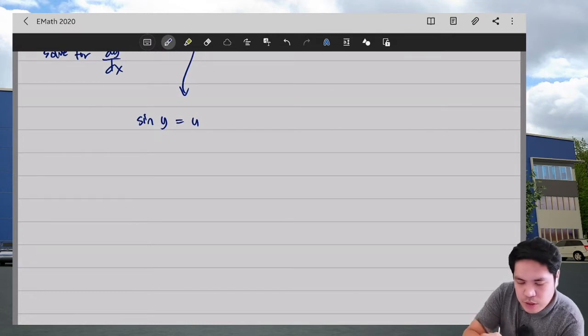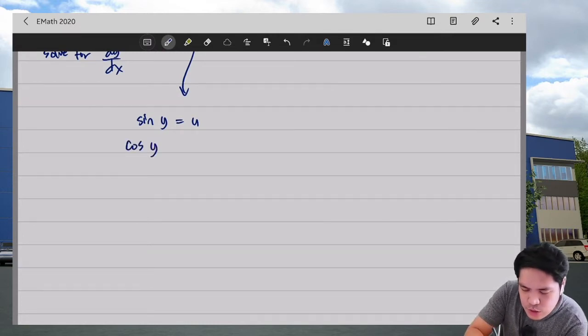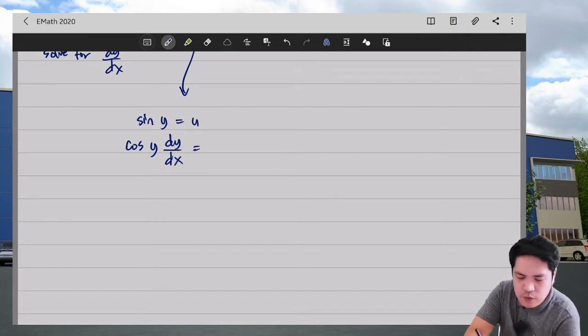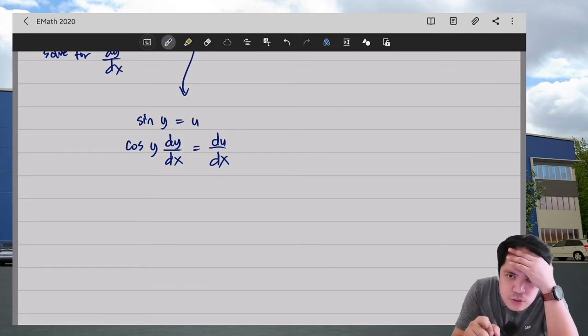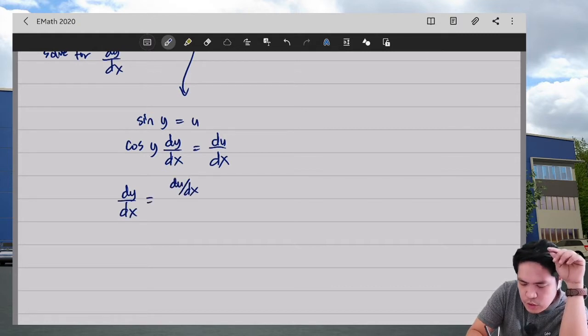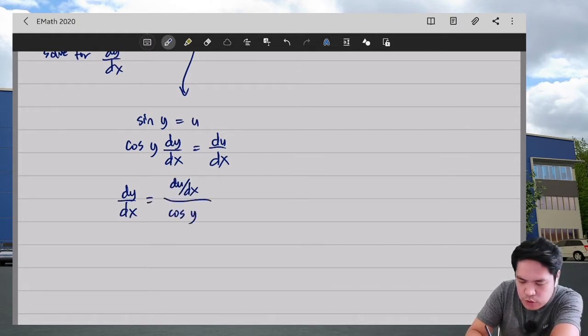That would be cosine. So cosine y dy over dx is equal to the derivative of u with respect to x, that's du over dx. Okay? So to solve for dy over dx, that is simply du over dx over cosine y.